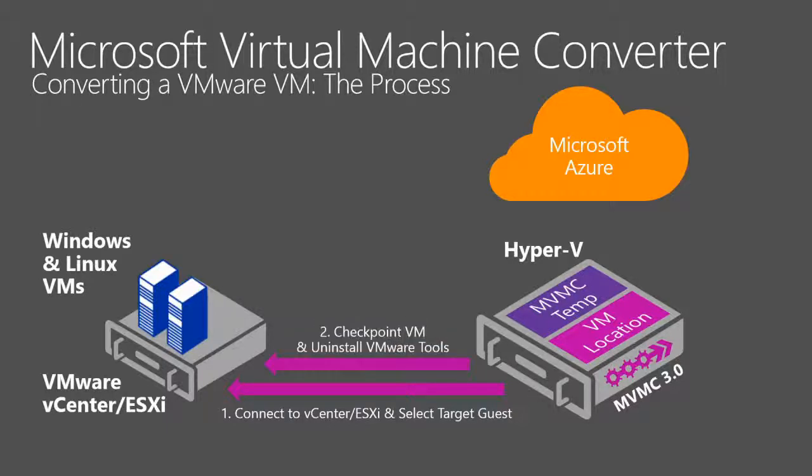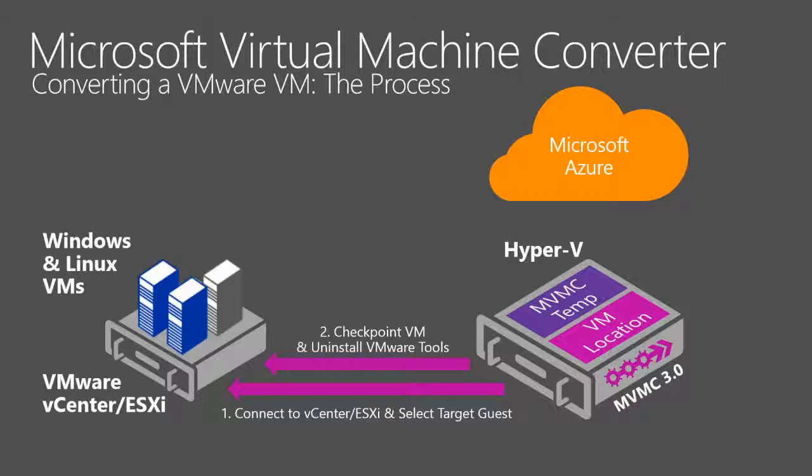Select your guest. You notice it's guest, not guests. It's just one at a time. With this solution, MVMC, through the GUI, I can just select one machine and go. I can have multiple instances running, but through the GUI, I can just have one. That's where PowerShell becomes more powerful, to enable you to automate some of this process.